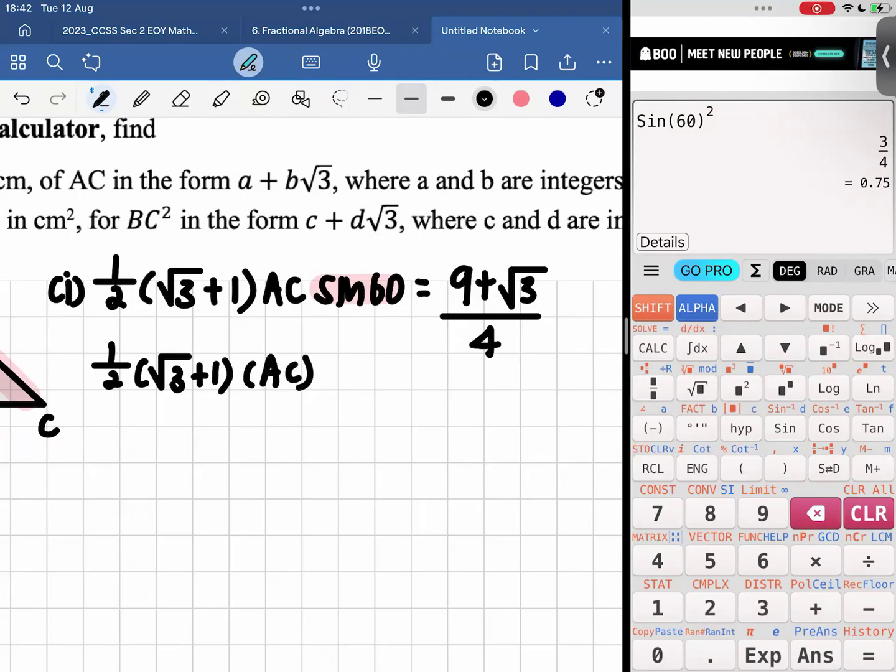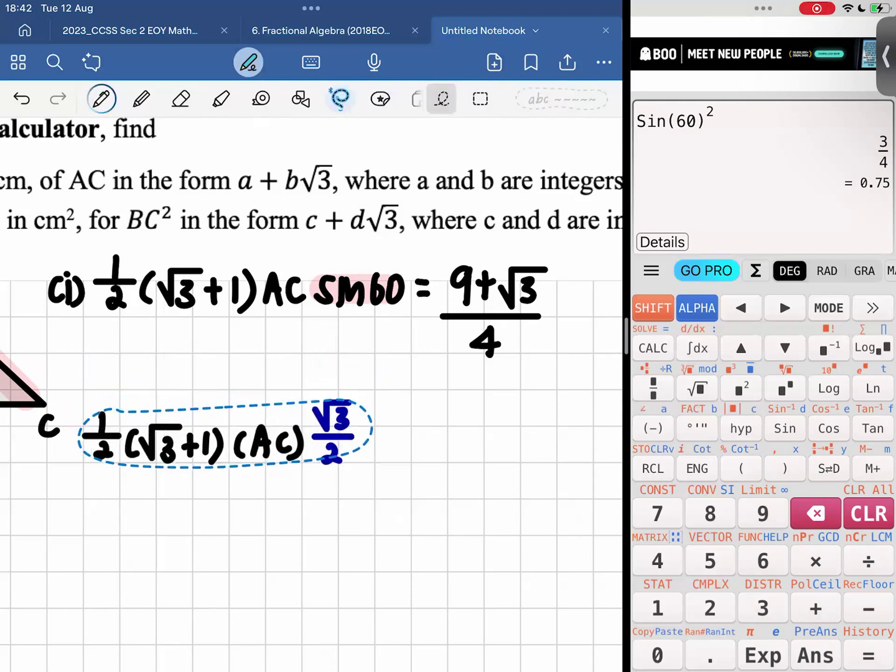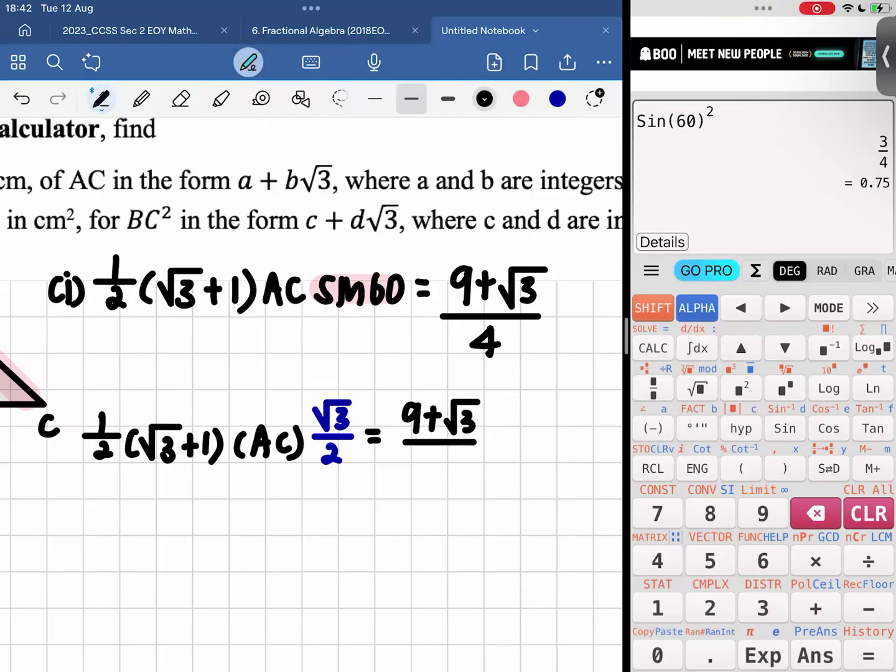Okay, so my sine 60, right, will actually be square root 3 over 4, square root 4 is actually 2, so I can straight away write it down like that. Okay, so now we have this thing here is equals to 9 plus root 3 over 4.